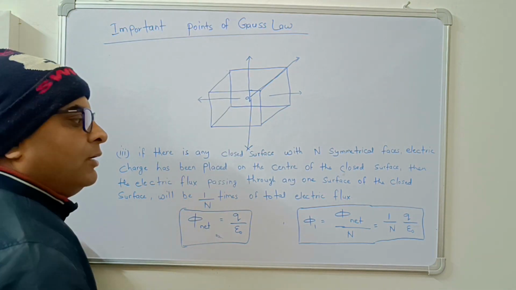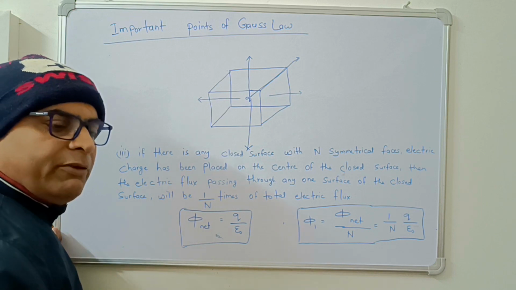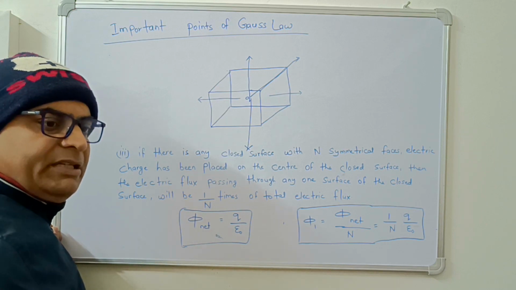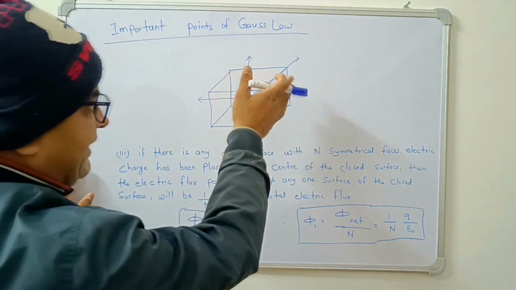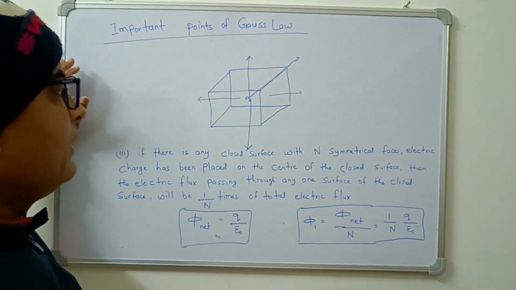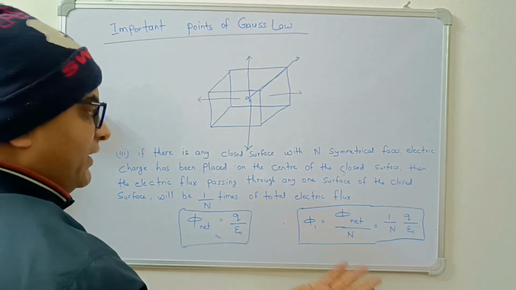be 1 by n times the total net flux, where n is the symmetry, meaning the number of symmetrical faces. It has n symmetrical faces.